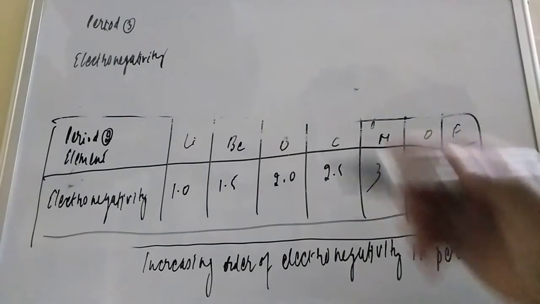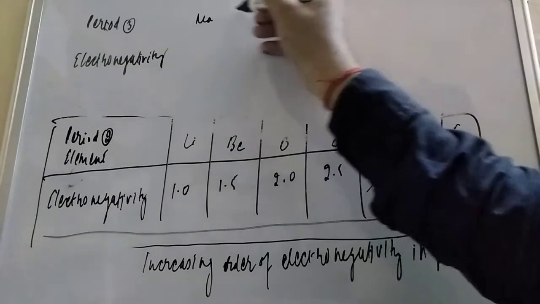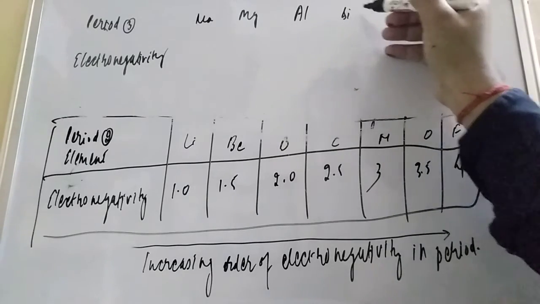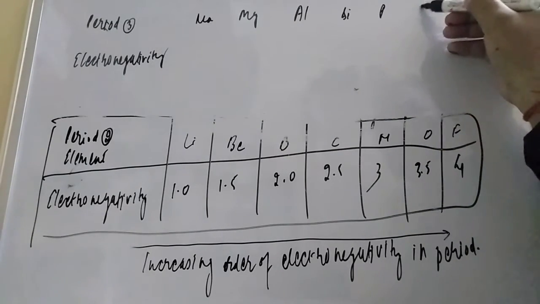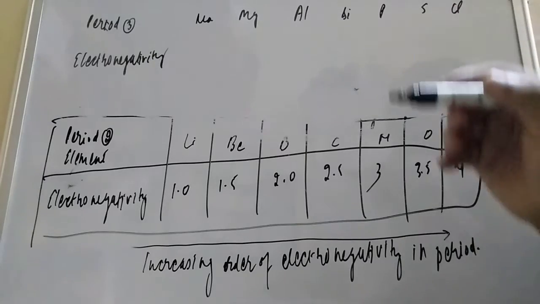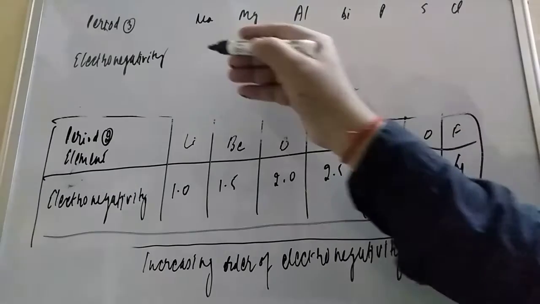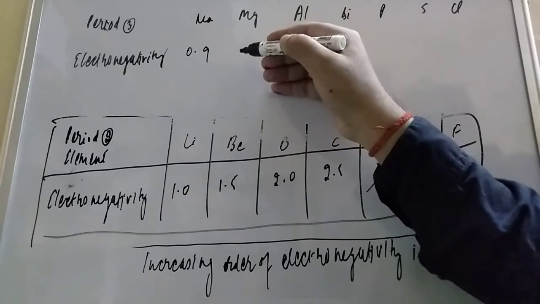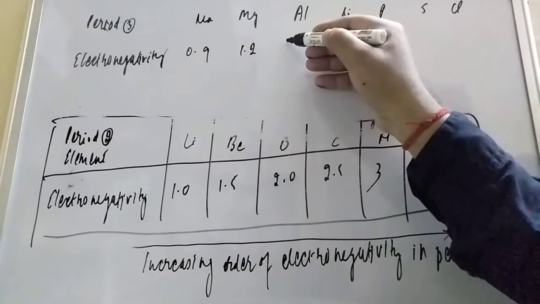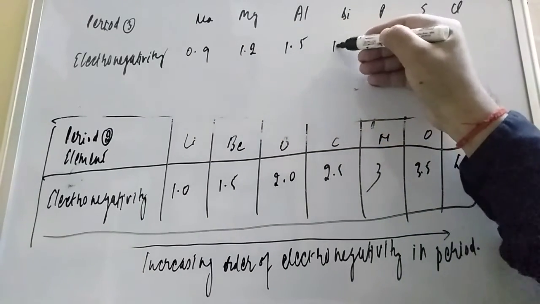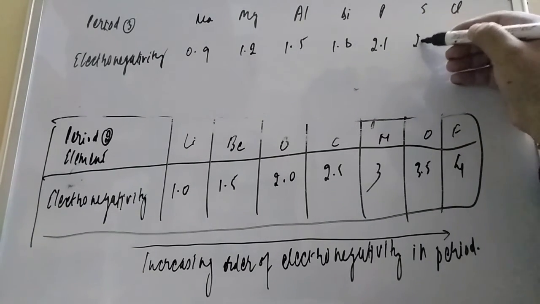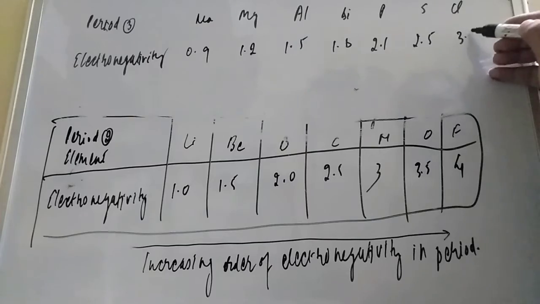Sodium, magnesium, aluminium, silicon, phosphorus, sulfur and chlorine. The electronegativity values are 0.9, 1.2, 1.5, silicon is 1.8, phosphorus is 2.1, sulfur is 2.5, and chlorine is 3.